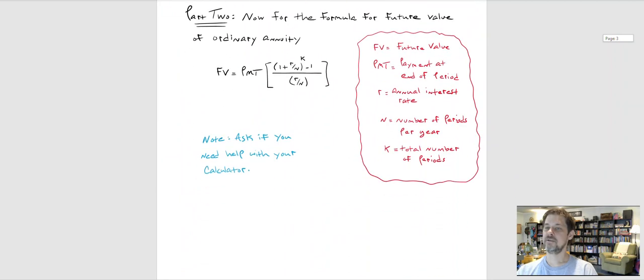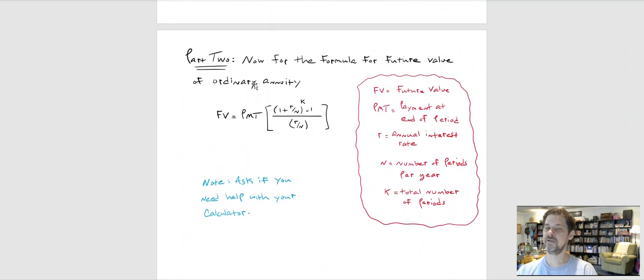So the future value is equal to the payment, those regular and equal payments, times (1 plus r over n) to the power k, minus 1, divided by r over n. Here r is the annual interest rate that's given, n is the number of periods in a year, so if we were making these payments quarterly, there would be 4 per year, and k is the total number of periods. We'll look at some examples to calculate k. There it is.